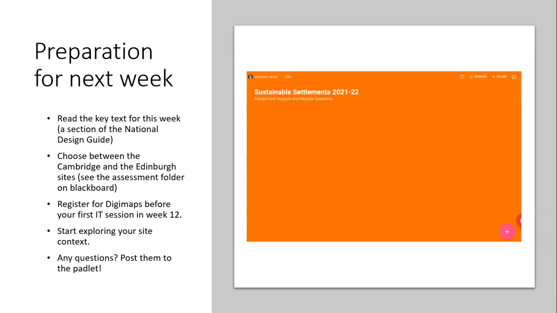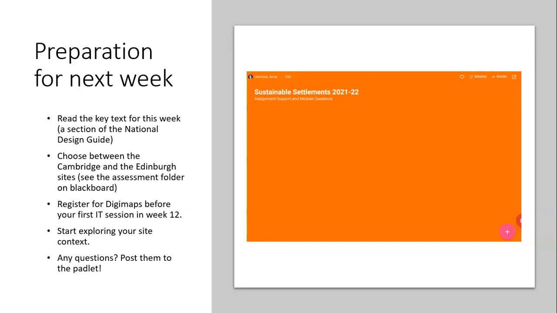Make sure that you're registered for Digimaps. And again, there's a video from last week's session showing you how to do that on Blackboard. Make sure you're registered before the first IT session. If you're really struggling to do that, then your IT tutor will help you do that in that session in week 12.